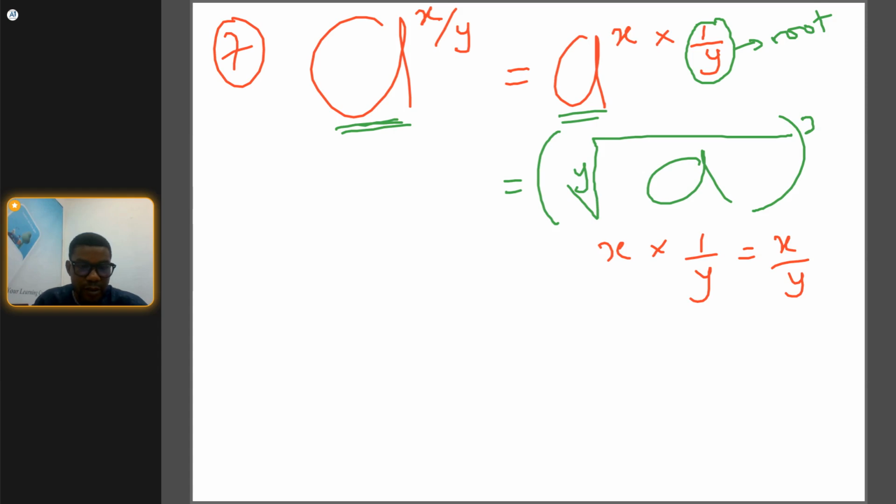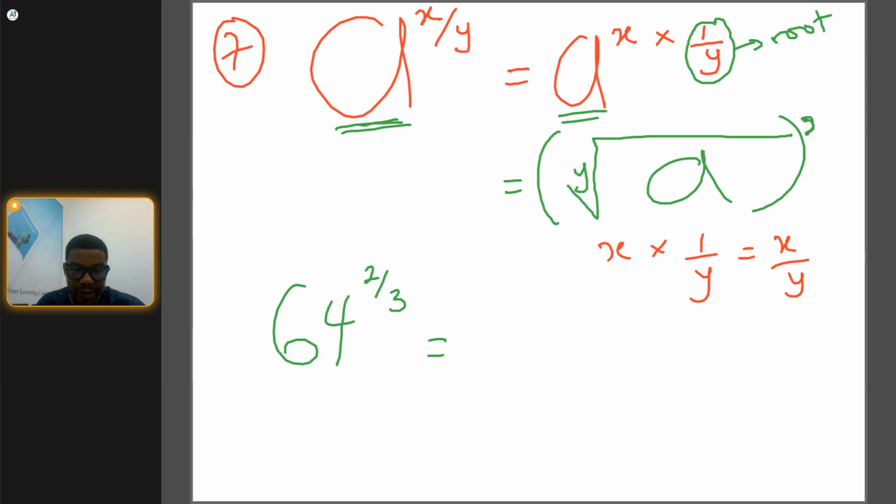Let's do that with some numbers. Let's say we have 64 raised to power 2 over 3. We want to simplify this.